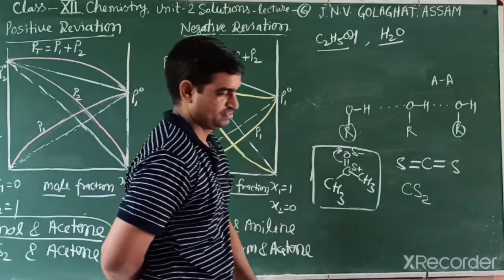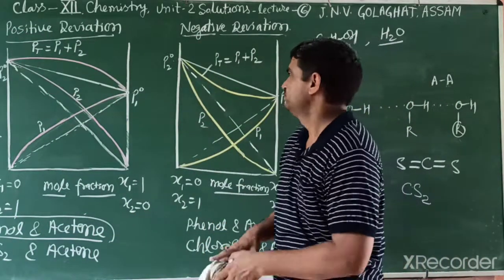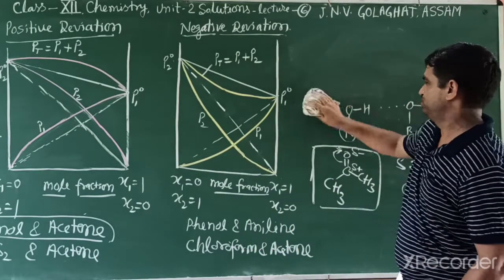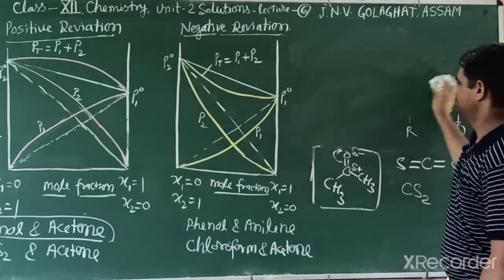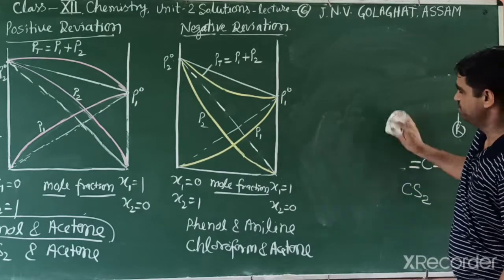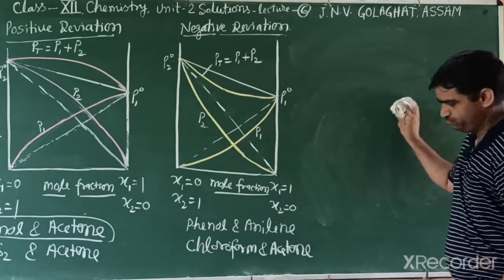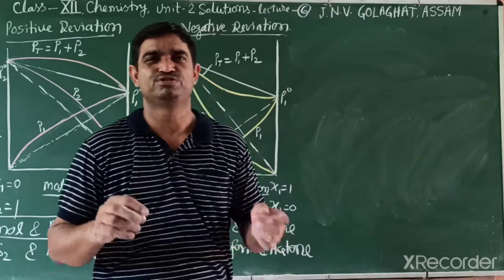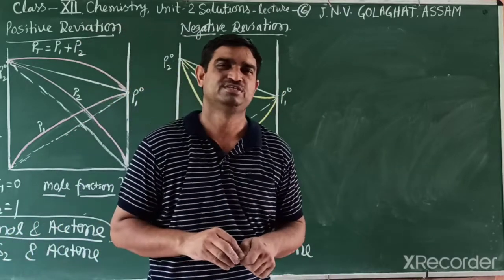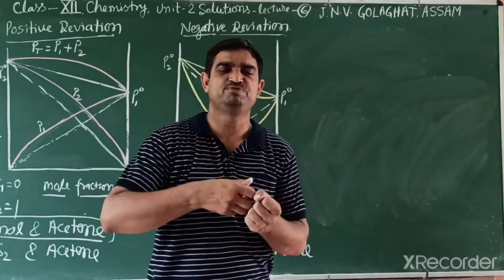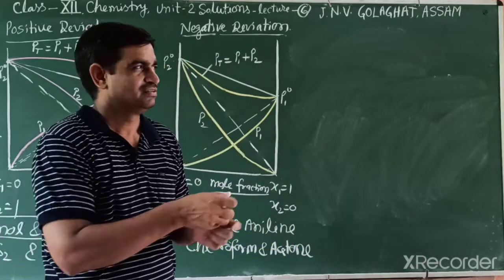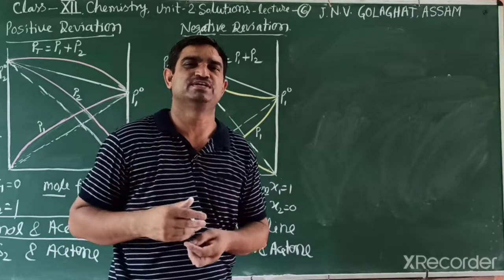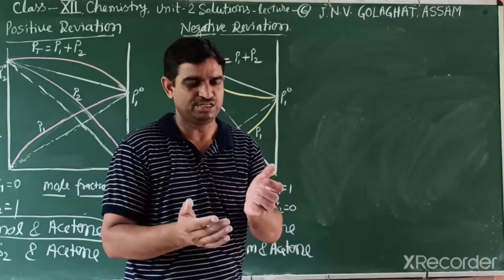The other one: if the new force is a stronger force, then what happens? That is negative deviation. For example, if a teacher is teaching a class of 40 students for 40 minutes, and there is a strong bond between teacher and students, then the students can sit for more than 40 minutes, 50 minutes, or 2 hours, 3 hours, because they have a strong bond.